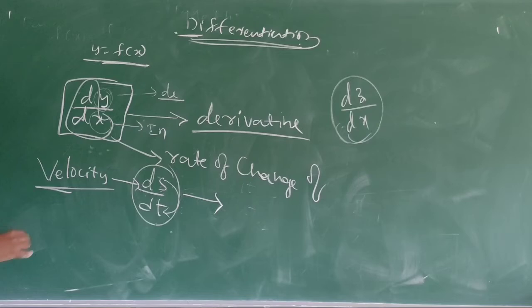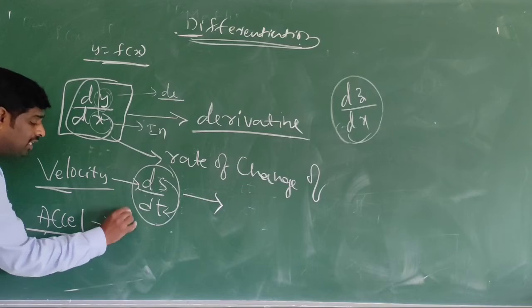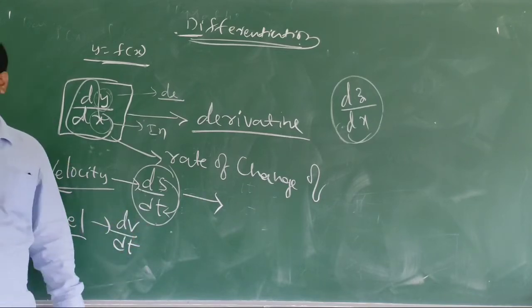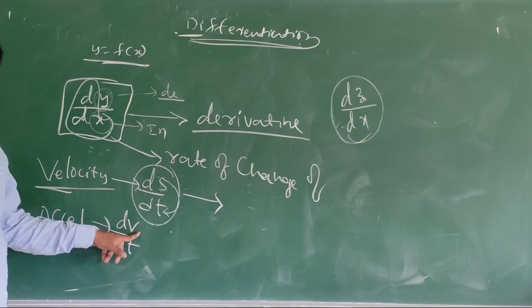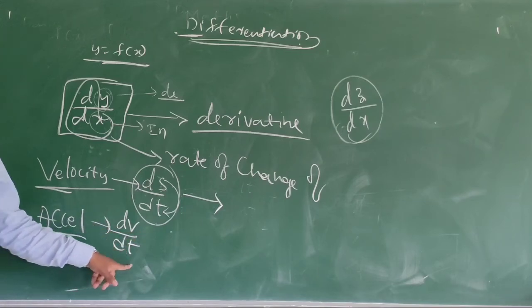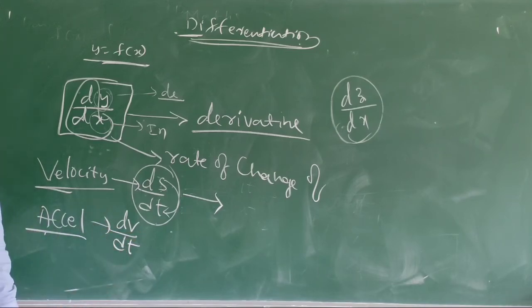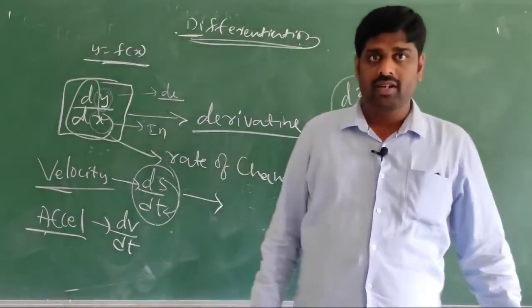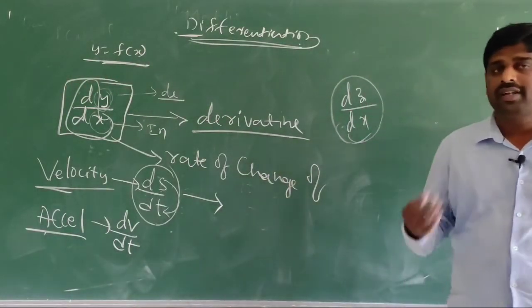When you come to acceleration, acceleration is dv by dt. The rate of change of velocity with respect to time is called acceleration. This is also called a derivative.